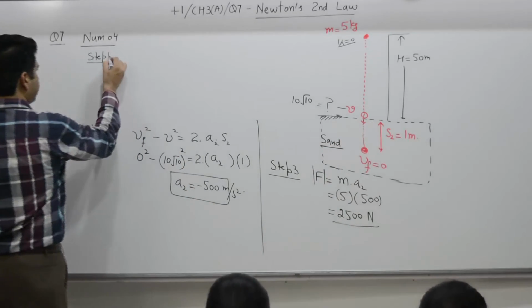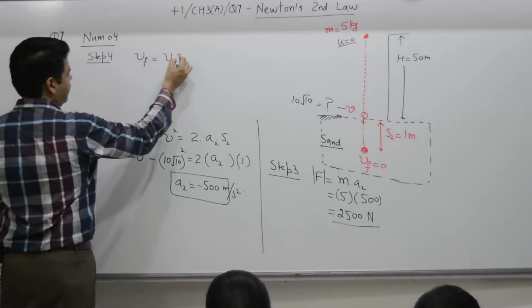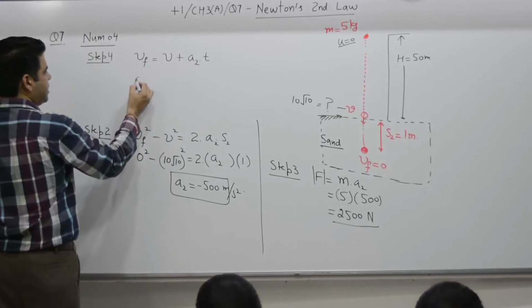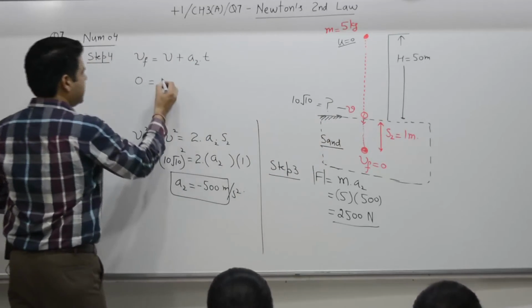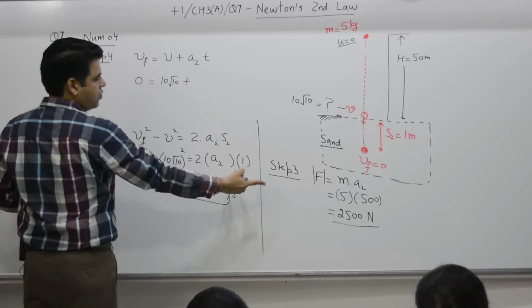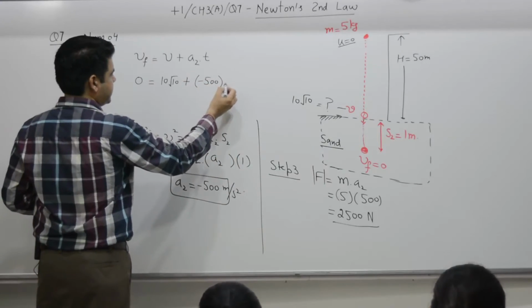Vf is equal to v plus A2 into t. Final speed is what? 0. Initial speed in this case 10 root 10. A2 is minus 500 meter per second square.